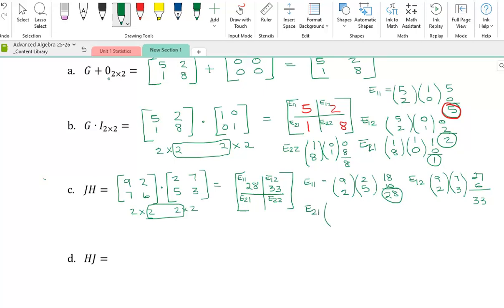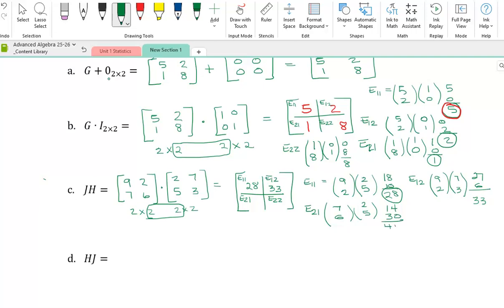You get pretty fast at these. Row 2 is 7, 6. Column 1, 2, 5. Sometimes I like to stack them like this because I know this number won't change, since they both have the same column, but these are different. It helps me keep things organized, but you guys just do it however you feel comfortable. So 7 times 2 is 14. 6 times 5 is 30.